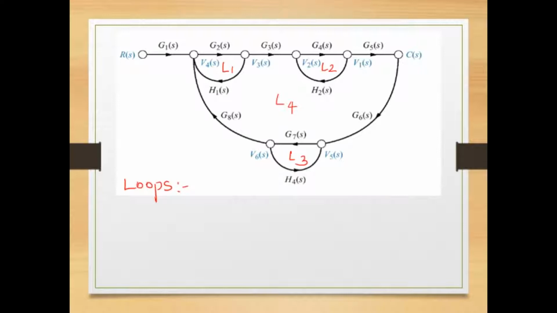So what is L1? L1 is the first loop with the gain G2 of S into H1 of S. The second loop gain is G4 of S into H2 of S. Similarly, L3 is G7 into H4 of S. L4 is G2, G3, G4, G5, G6, G7, G8.